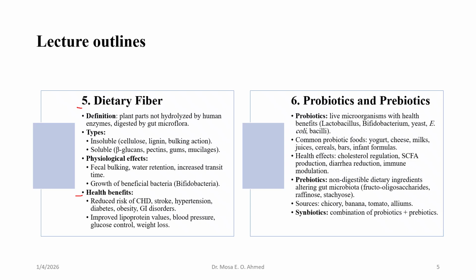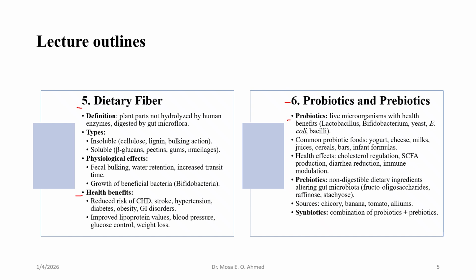Outline number 6 of this lecture is probiotics and prebiotics. Probiotics means living organisms with health benefits, such as lactobacillus, bifidobacterium, yeast, E. coli, and bacilli. All these living organisms have health benefits.